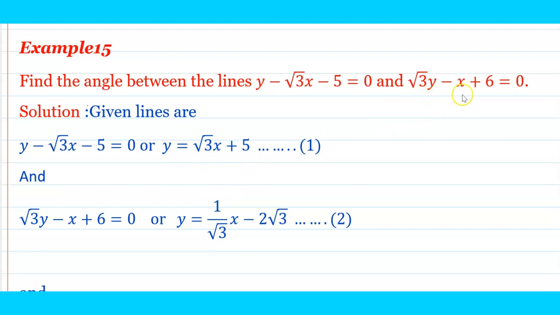Second equation, root 3y minus x plus 6 is equal to 0. Again we can write it: transfer to the right hand side, minus x will become plus, 6 will become minus. Now see this here, root 3y is equal to x plus 6. Now divide on both sides by root 3. Then here you will get 1 upon root 3 x plus 6 upon root 3.